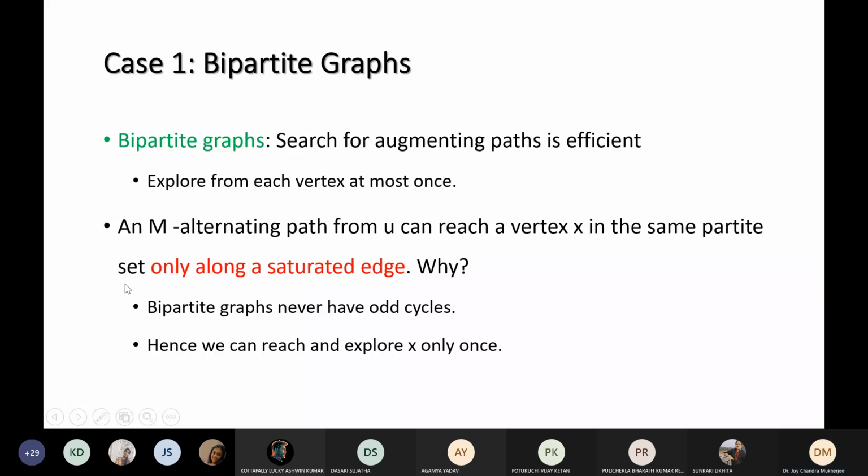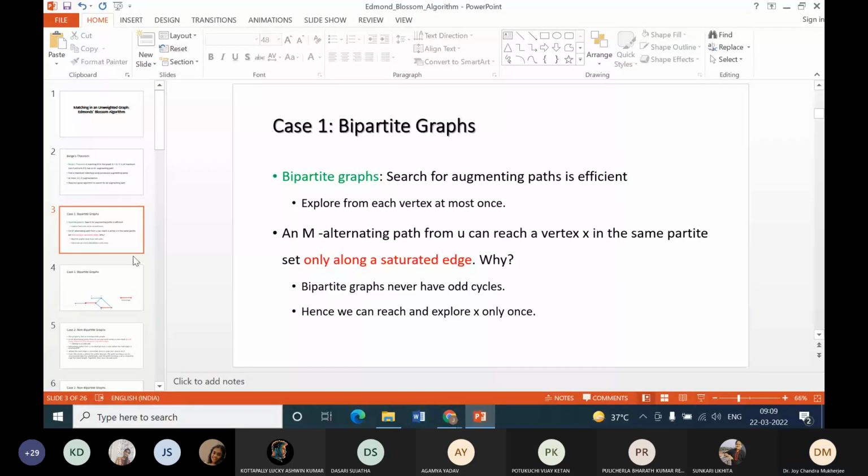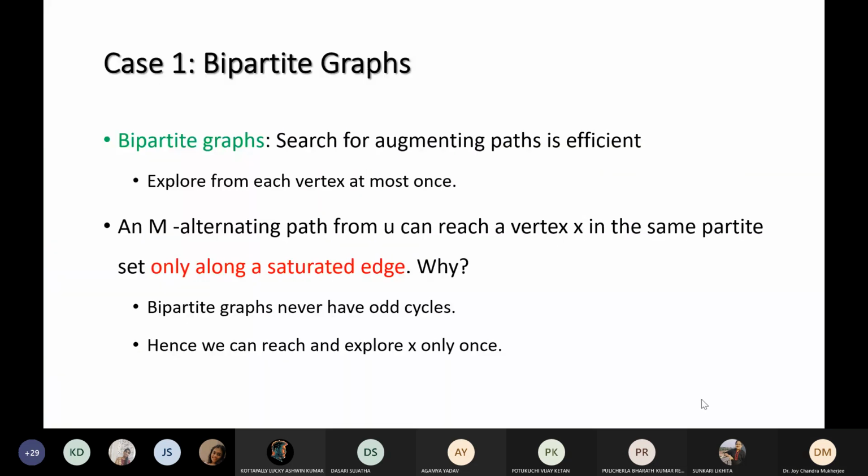To find the reason, we had better draw a bipartite graph. When I say explore from each vertex at most once, what we do in a bipartite graph, if you recall in our matching algorithm, is this: a bipartite graph has two partites.